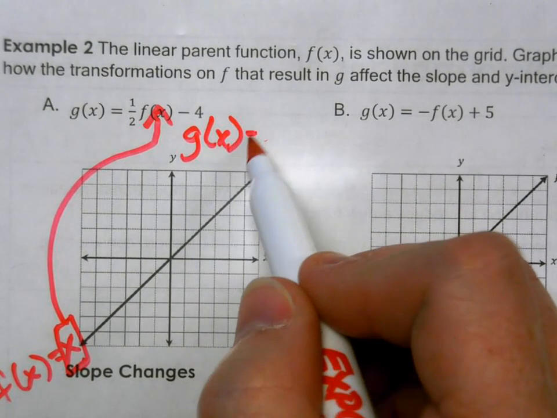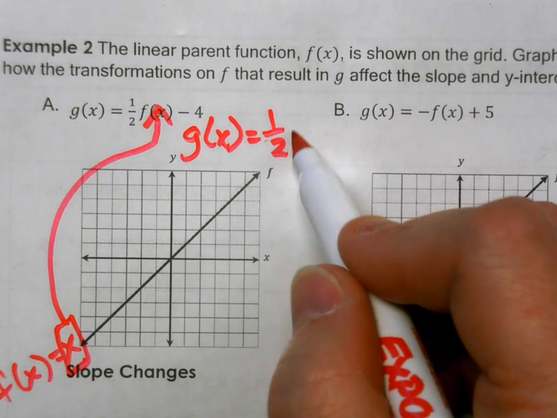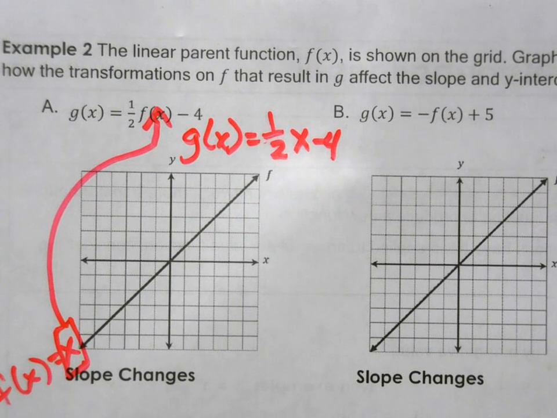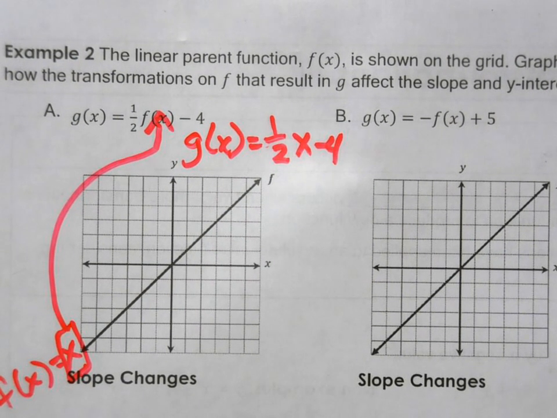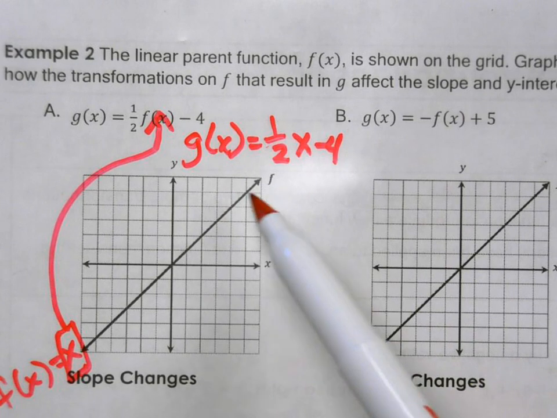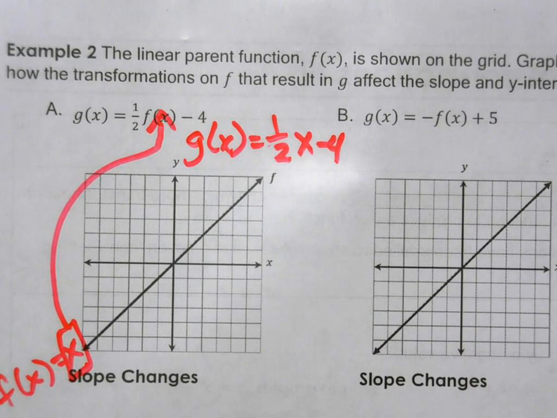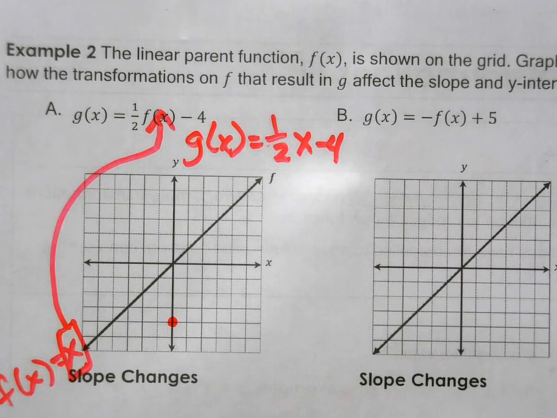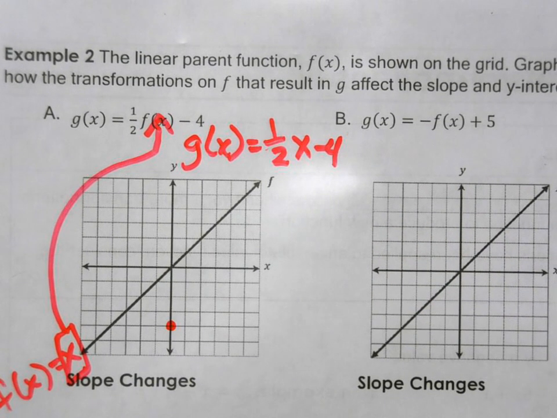So g of x equals 1/2 x minus 4. Do I know how to graph this now? Where do I start? Negative 4 on my y-axis. Okay, then what?